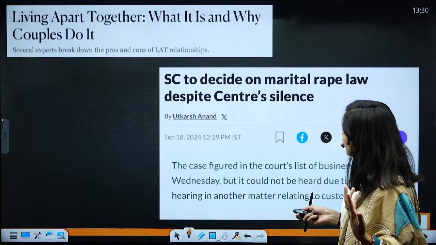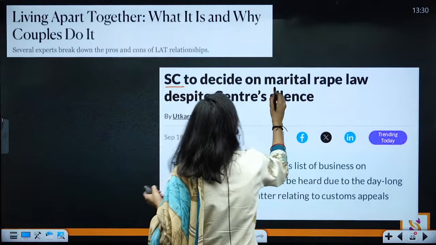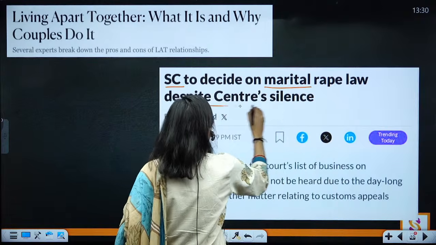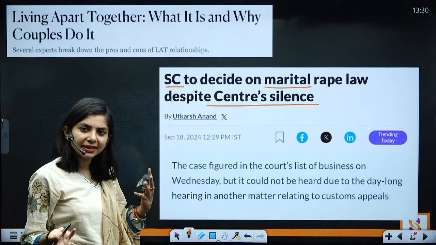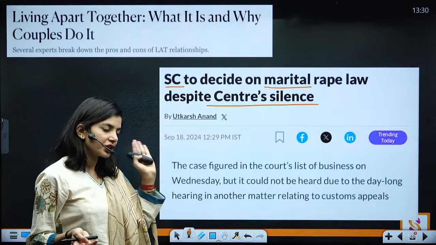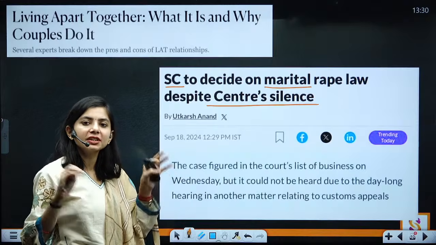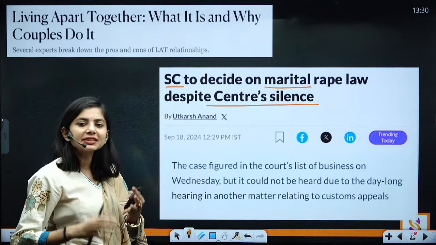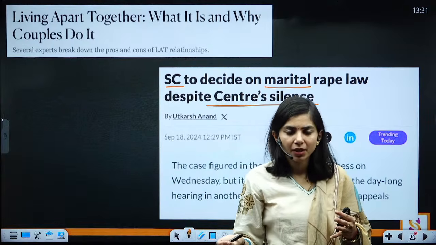For example, the Supreme Court decided on the marital rape law despite the Centre's silence. Means the Centre was silent on this topic. Why? Because the Centre is taking social norm as the prime, and social norm says that the husband has complete right over the wife, or vice versa, but mostly it is that the husband has complete right over the wife.